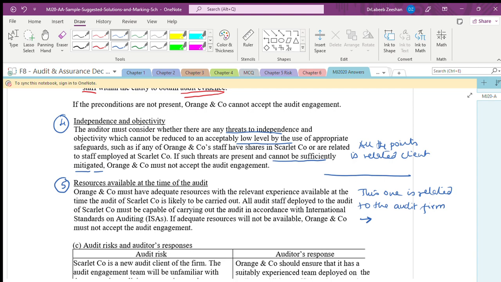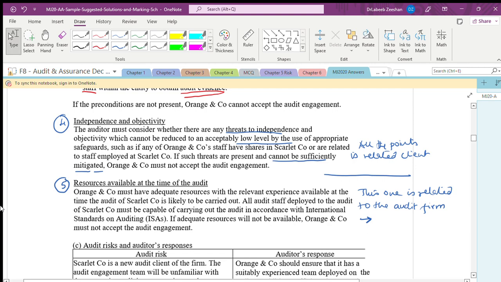They should have the expertise to perform the audit of the firm. Means if you are accepting the offer, you should have the resources with which we can deliver the assignment.